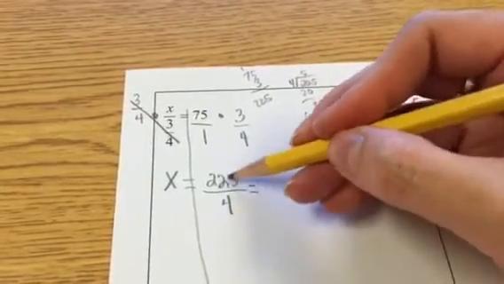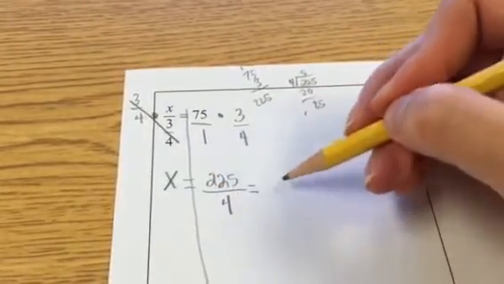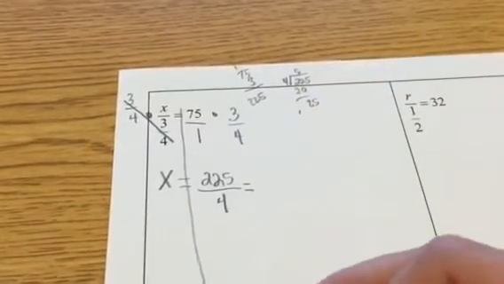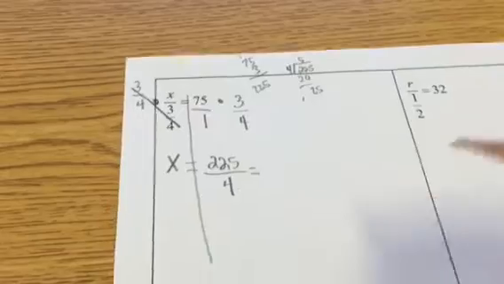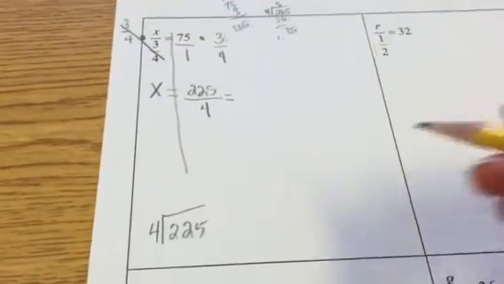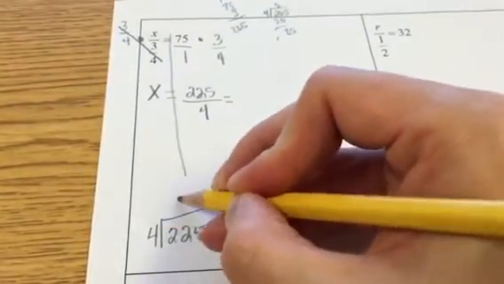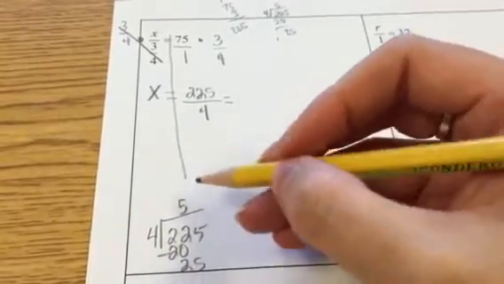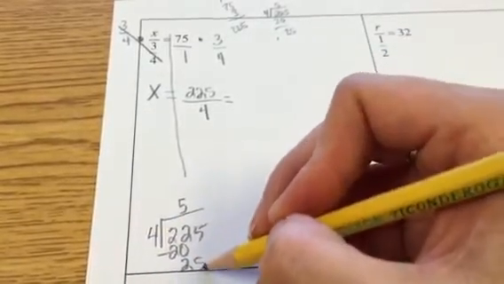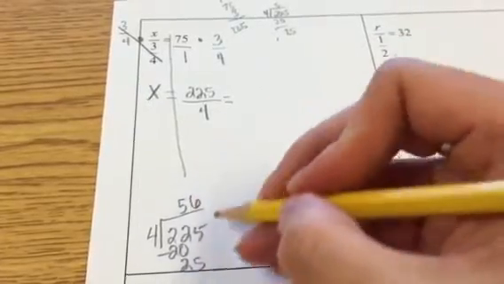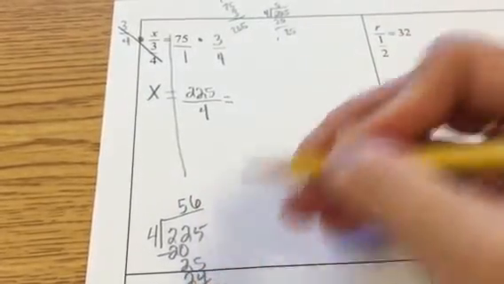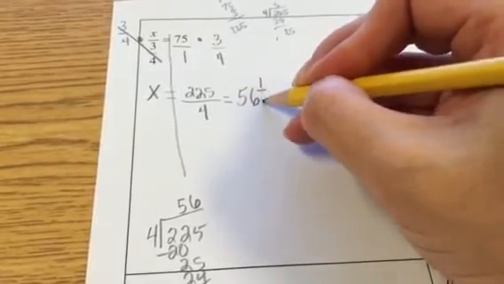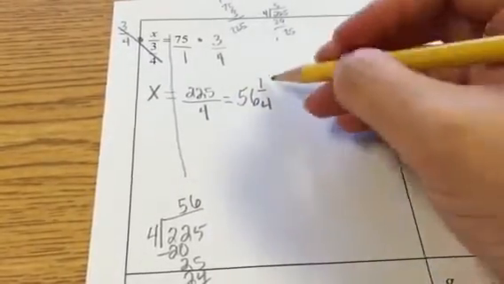So I'm going to change this improper fraction to a mixed number. To do that, I have to say, how many times does 4 go into 225? 4 goes in 5 times. 4 goes into 25 6 times with a remainder of 1. So I get 56 and 1/4 for my answer.